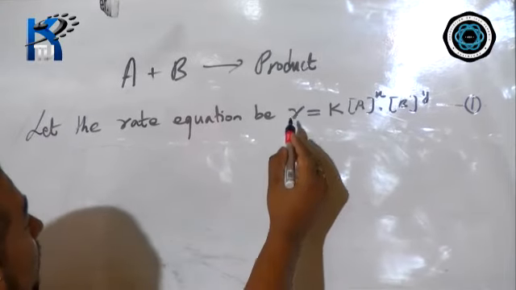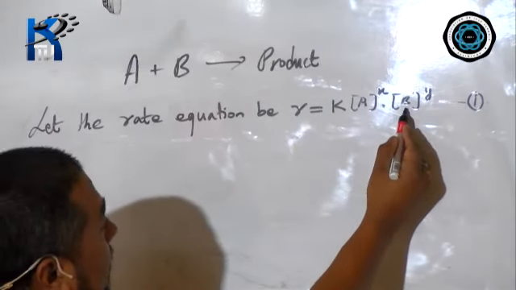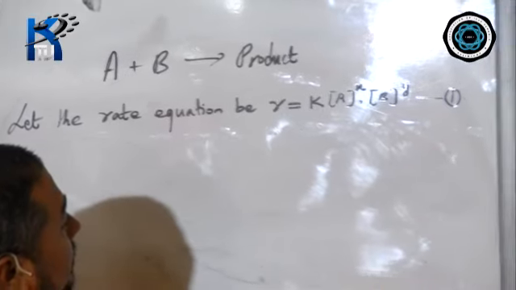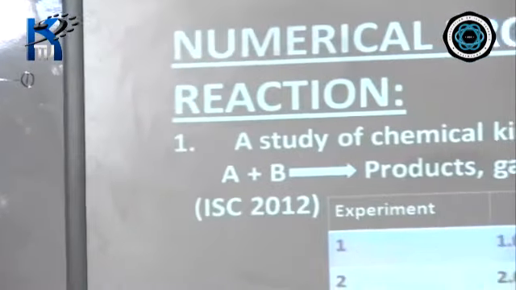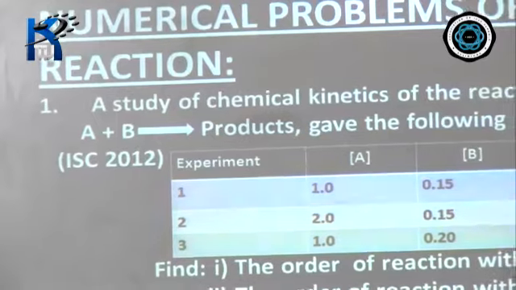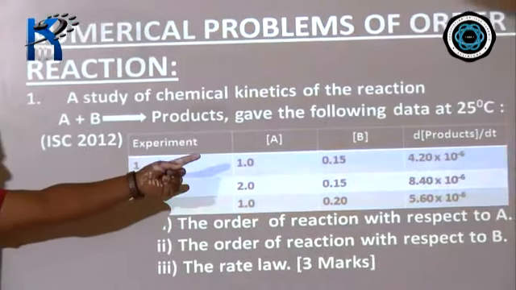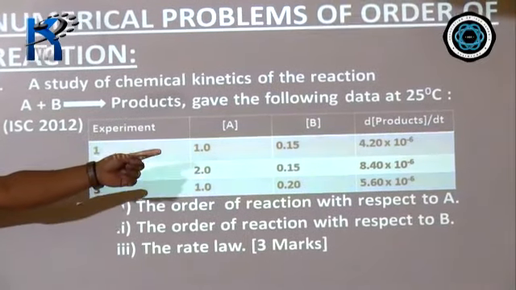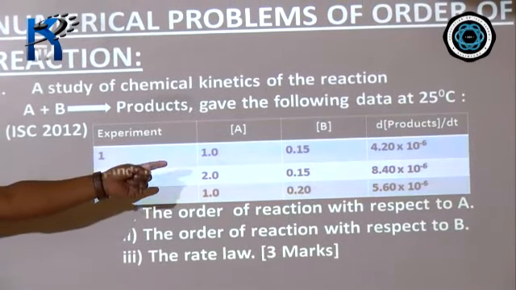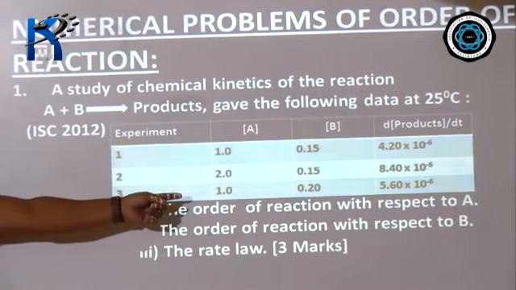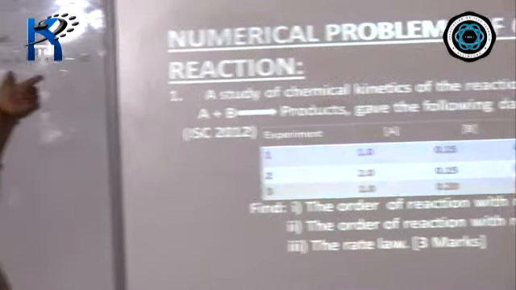Now you need to put the values of R, A and B from the tabular data given to you one by one in this equation. If you see here, students, d[product]/dt means rate. Rate is given, concentration of A and B is given, that we are going to put one by one in this equation.